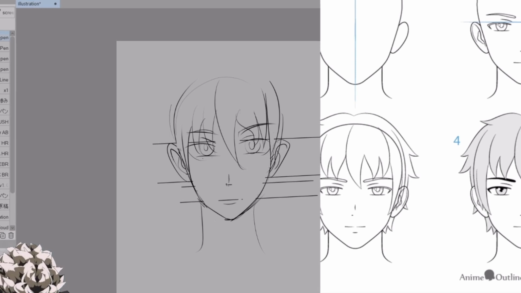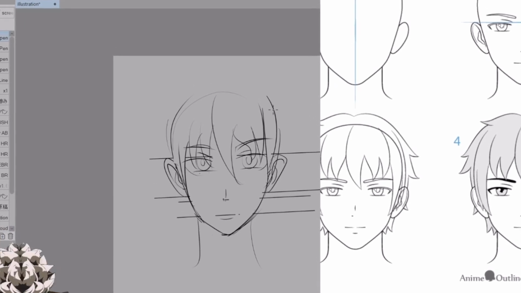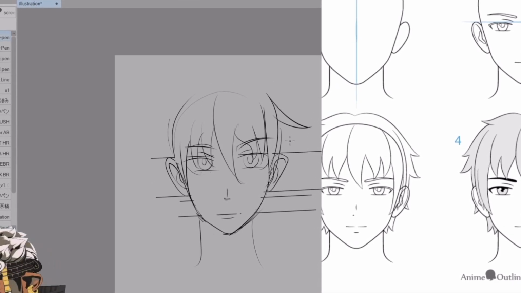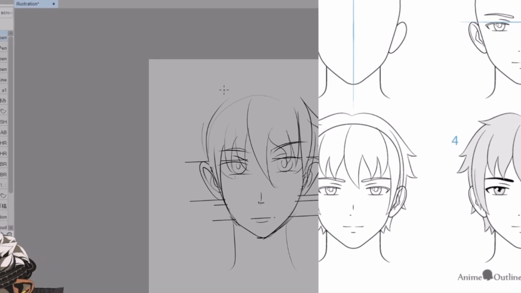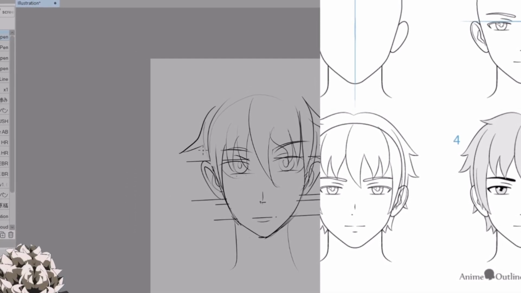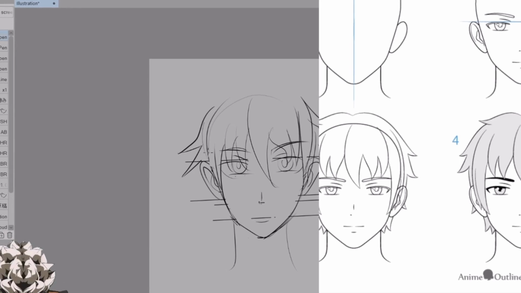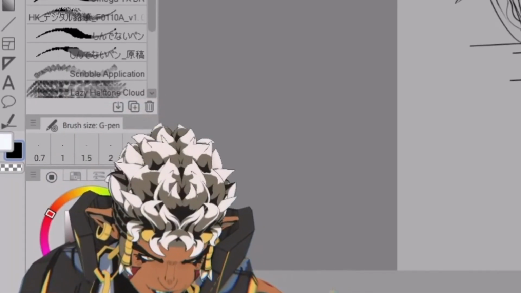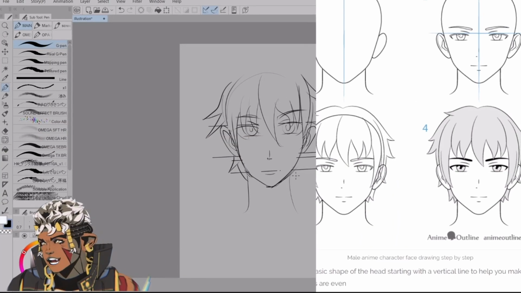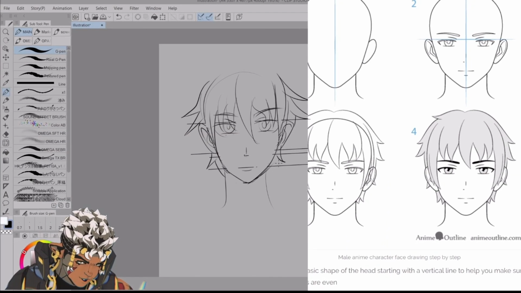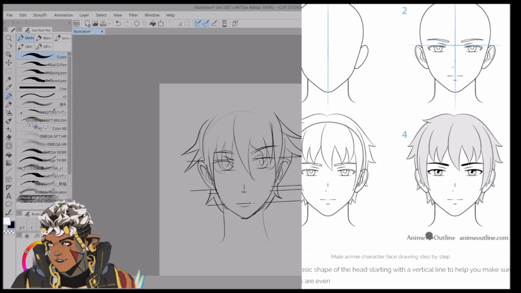I got a little bit of line there, yep. He has like 2 of these right here. Then this goes like behind the ear. This way. Yeah, that's what I'm talking about. It's nice. My first time drawing anime.